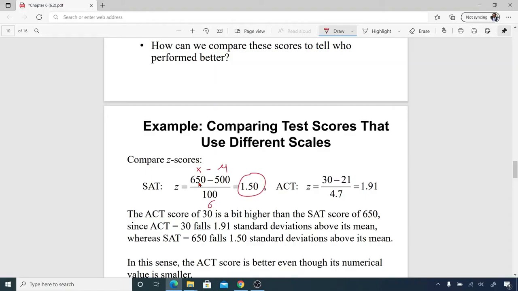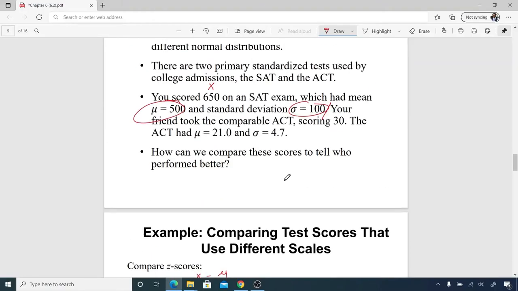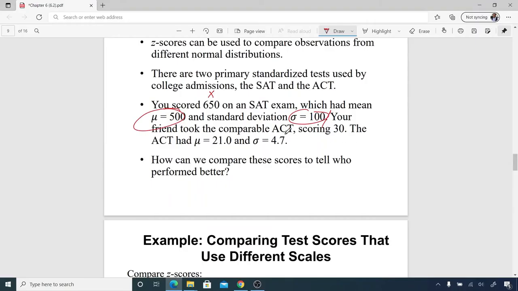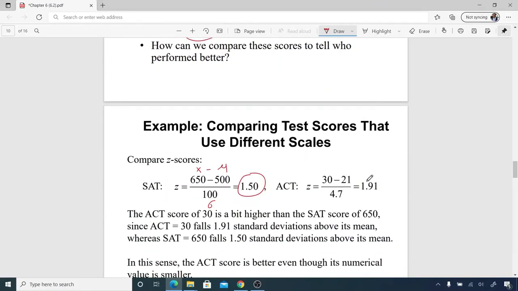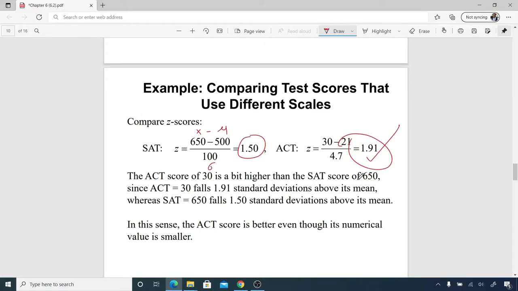That gives me a Z score of 1.5. For the ACT that your friend took, scoring 30, that is the observation minus the mean divided by the standard deviation.